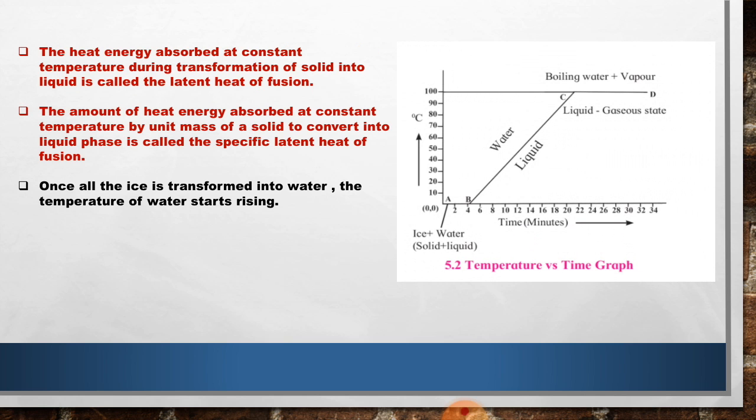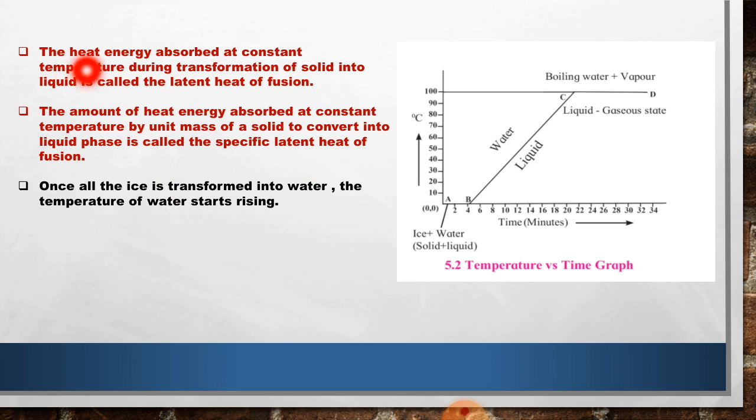The heat energy absorbed at constant temperature during transformation of solid into liquid is called latent heat of fusion. Okay, so there are two definitions. Students, don't get confused between these two definitions. What is the first definition?